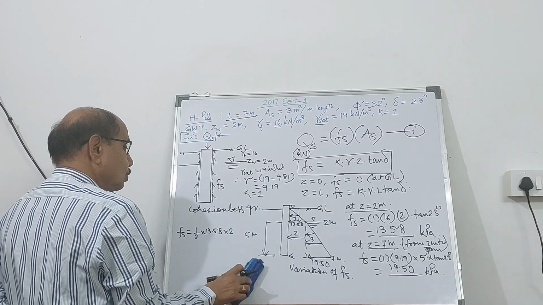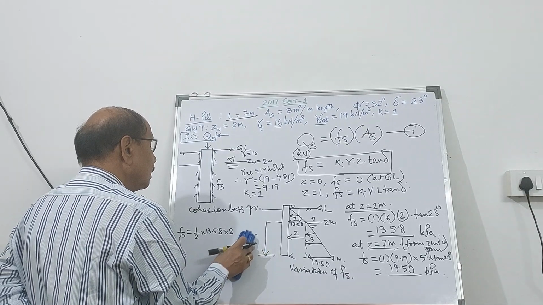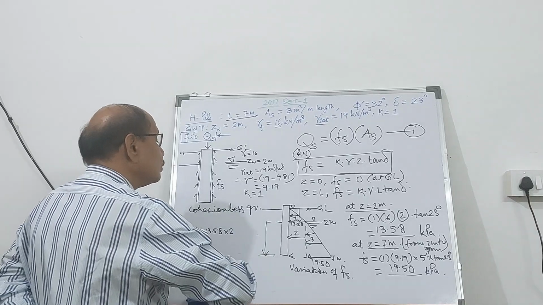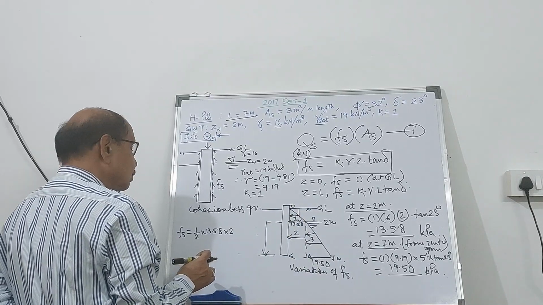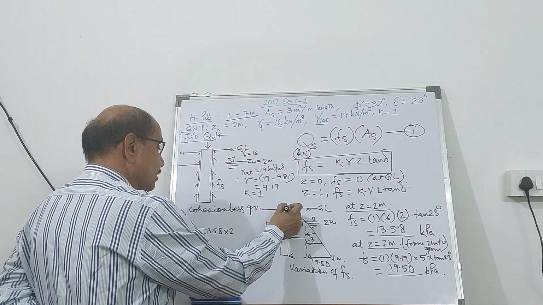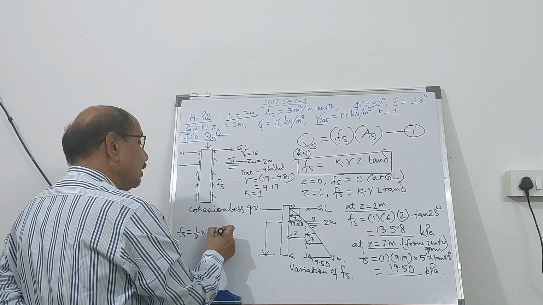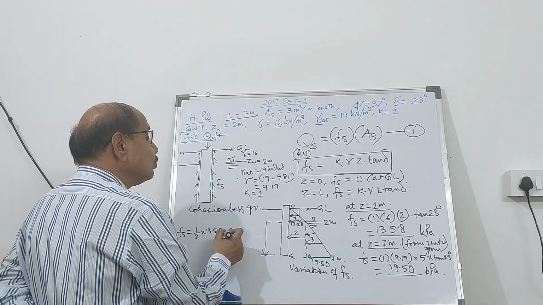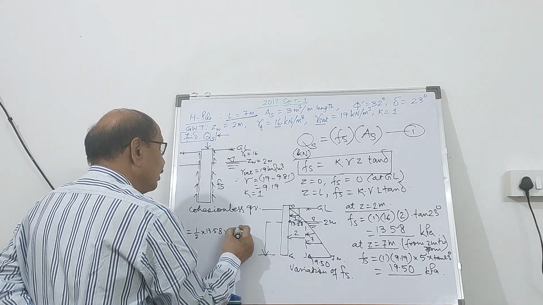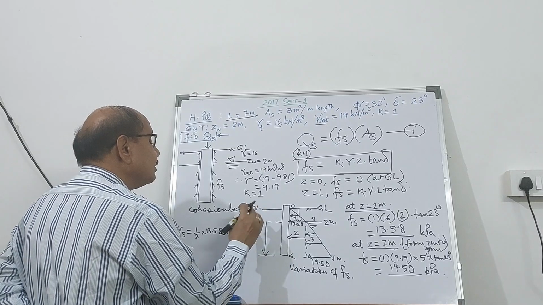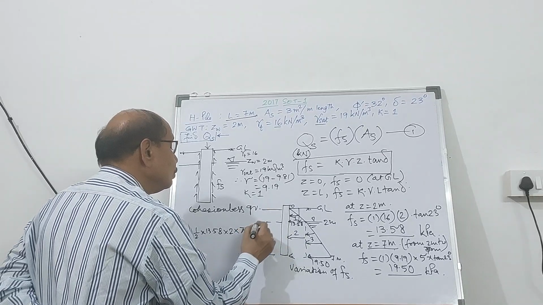Here it is 0 and here it is 13.5. So in between, it is going to be 0 plus 13.5 divided by 2, multiplied by 2. And it is acting over the shaft area, and the perimeter is going to be pi into d.